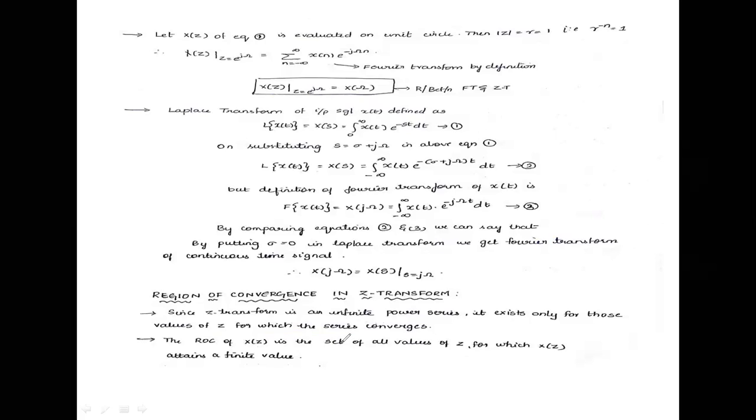For those values only the function exists, and that function is equal to a finite value for all the values of Z in the region of convergence. It is not equal to infinity, my students.